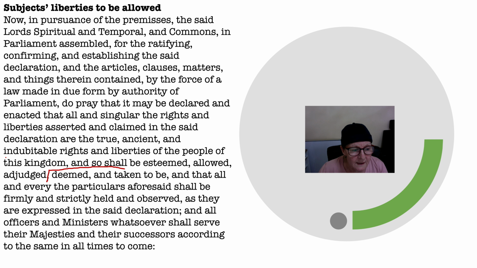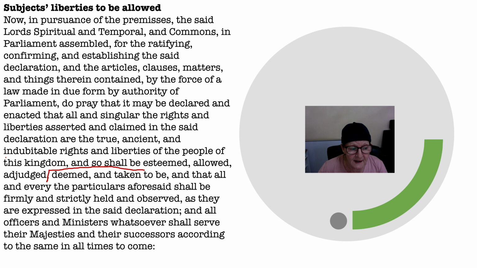Usually he short writes it to be deemed and taken to be. And then he makes the order as they are expressed in this declaration. They are to be firmly and strictly held and observed.